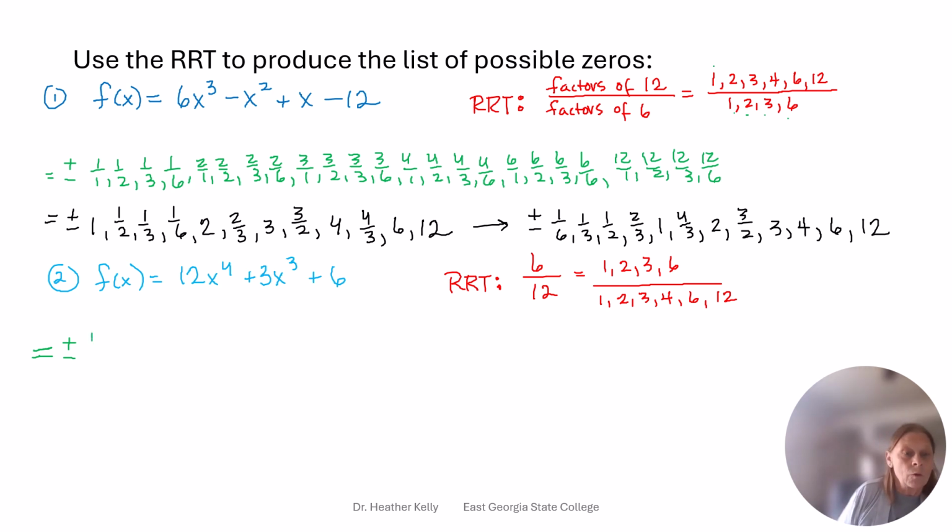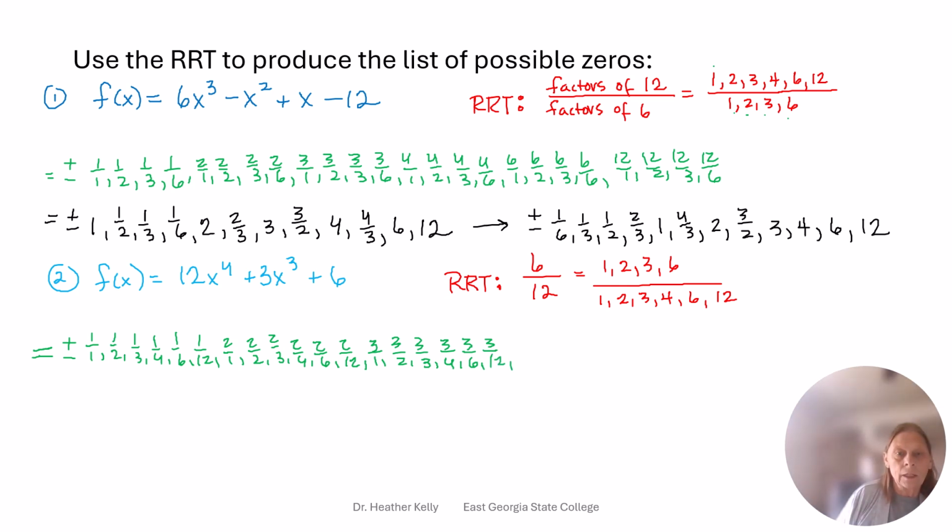So here we have 1 over 1, 1 over 2, 1 over 3, 1 over 4, 1 over 6, 1 over 12, 2 over 1, 2 over 2, 2 over 3, 2 over 4, 2 over 6, 2 over 12, 3 over 1, 3 over 2, 3 over 3, 3 over 4, 3 over 6, 3 over 12, and 6 over 1, 6 over 2, 6 over 3, 6 over 4, 6 over 6, and 6 over 12.